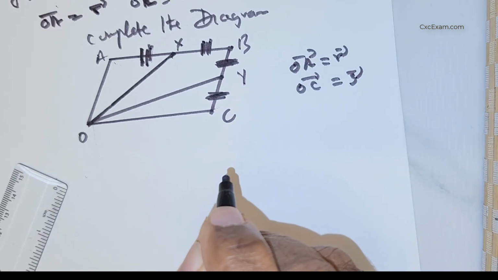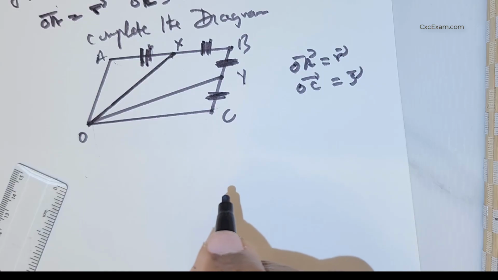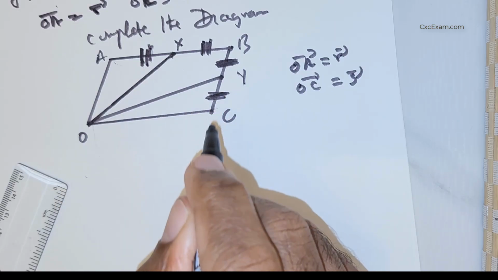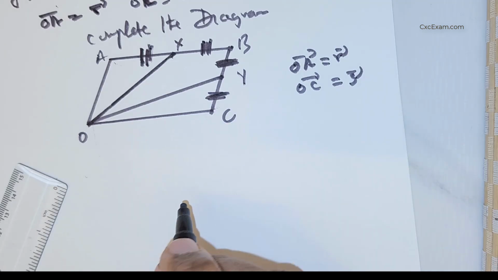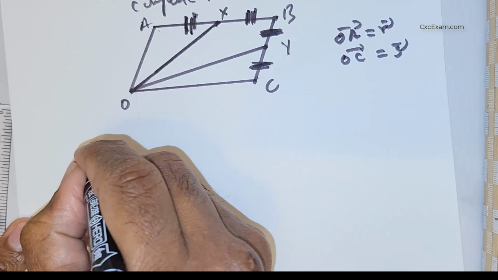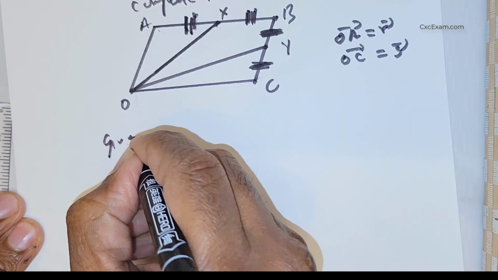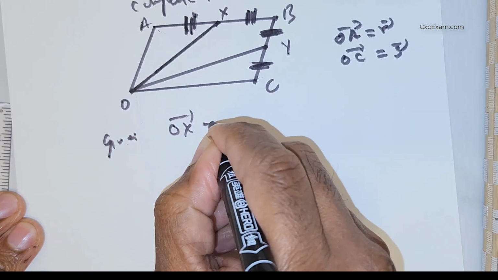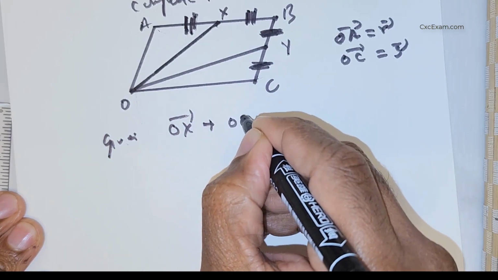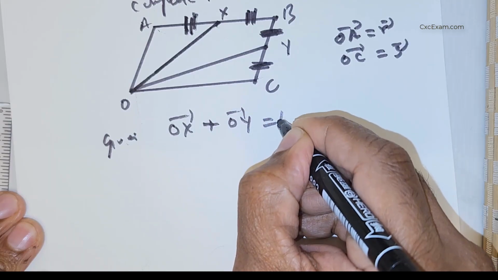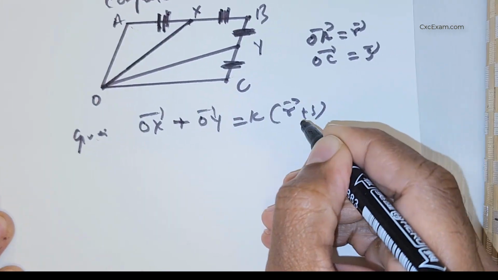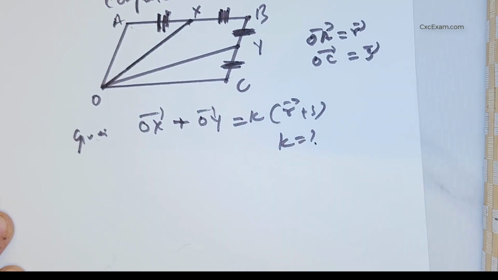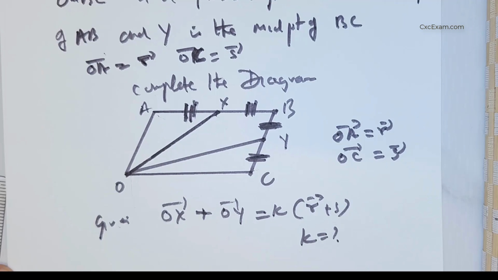Now I want to get the value of, because the next question, let me write the next question. Given OX vector plus OY vector is equal to K times R vector plus S vector, K is a constant, we have to find the value of K. So that is the next part.